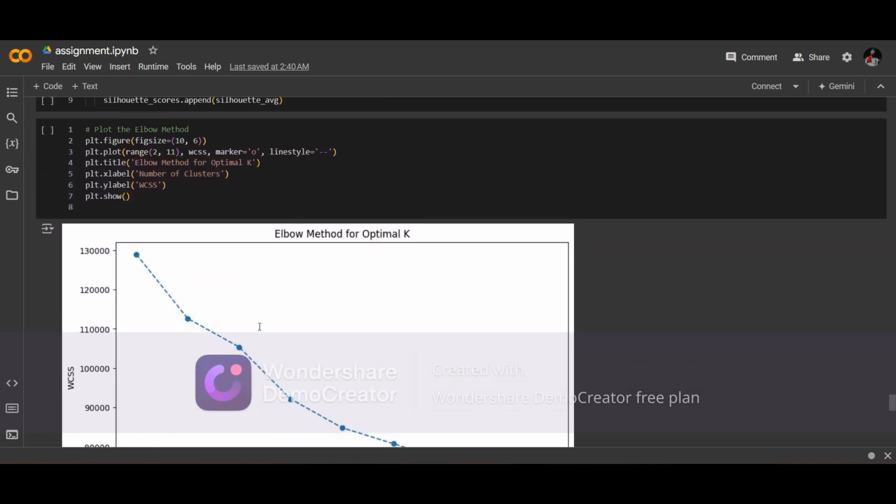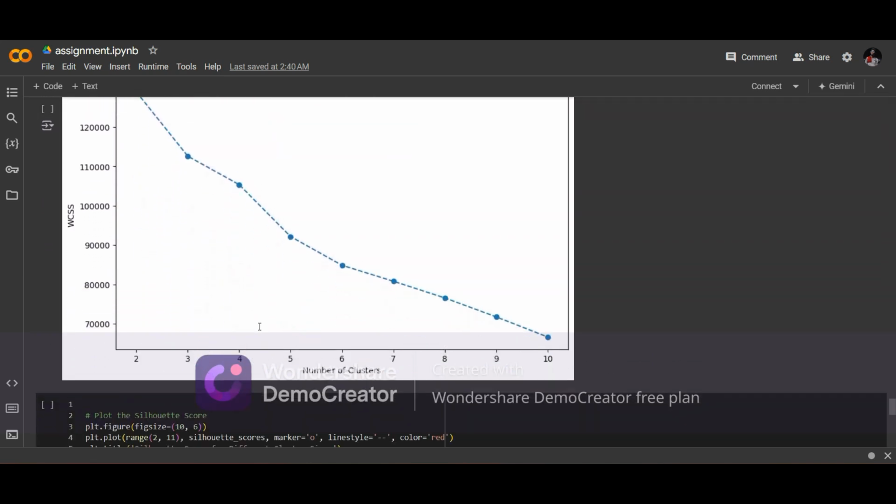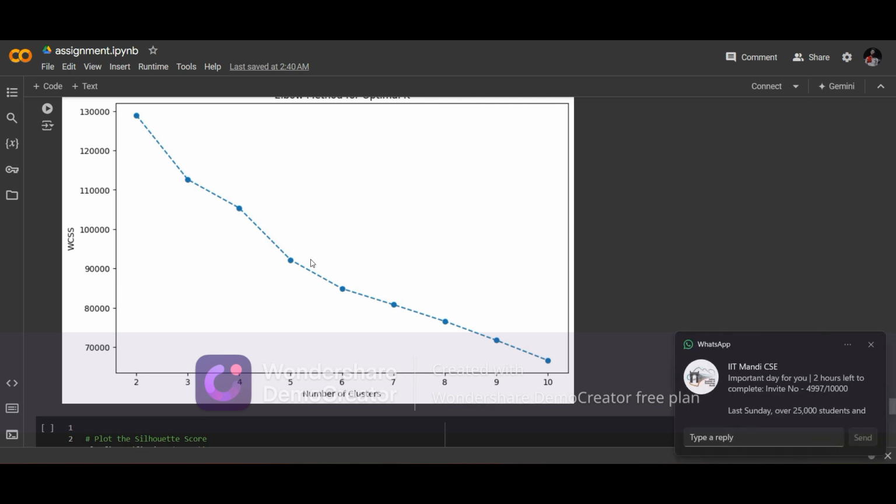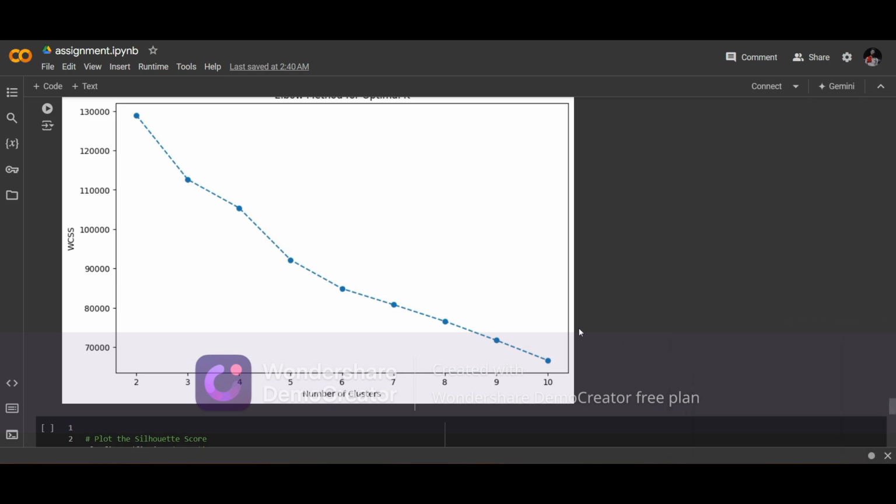Through this we can use the elbow method, but there are some cases where we are not able to detect the elbow point, where the graph shows steepness. Here the graph is an exception where we are unable to detect the steepness at the elbow point.